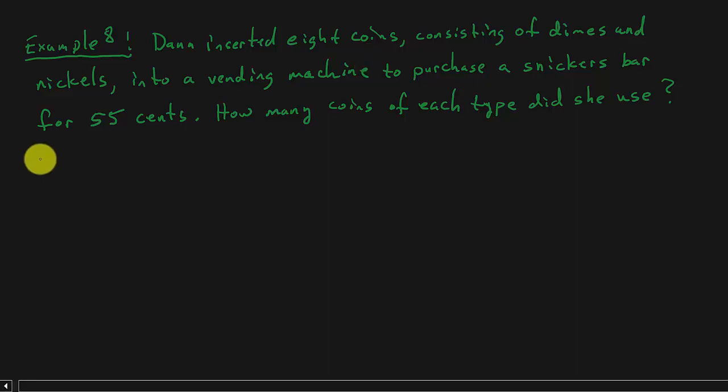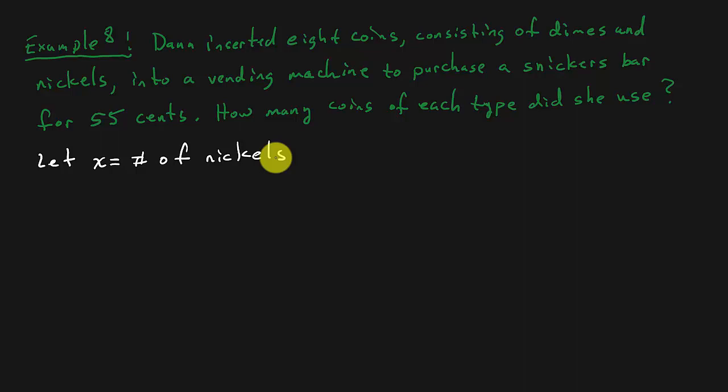Well, what if I come over here? I'm going to let x equal the number of nickels. So why did I let x equal the number of nickels? I don't know. I just did. You could let x equal the number of dimes. It doesn't matter.